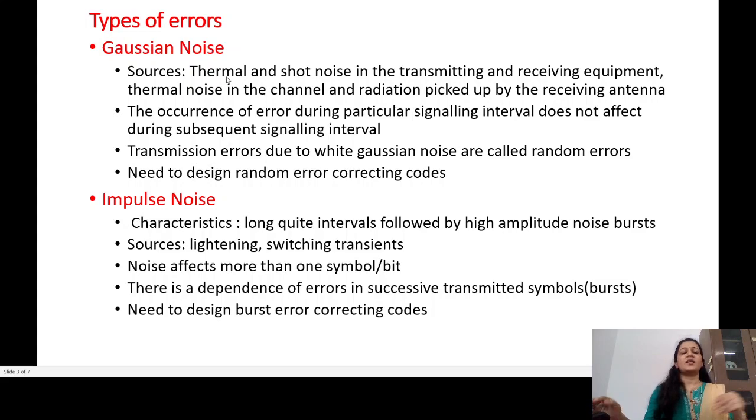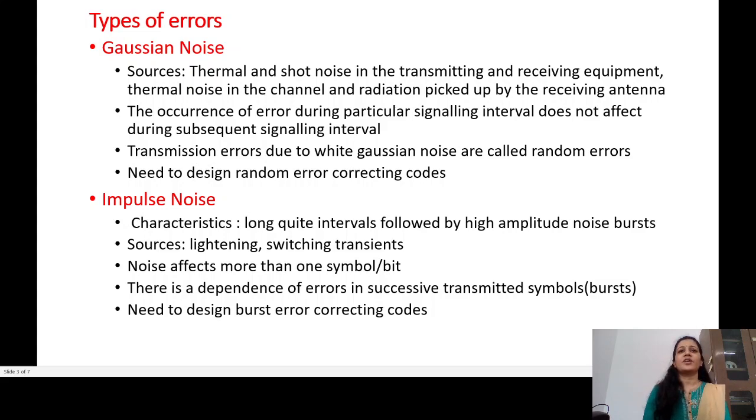What exactly is thermal and shot noise? We know that in transmitting and receiving equipment, we will be using a number of electronic components, and as the electronic components are working, they will heat up because the current will be flowing through them, and that heat will contribute to the thermal and shot noise.